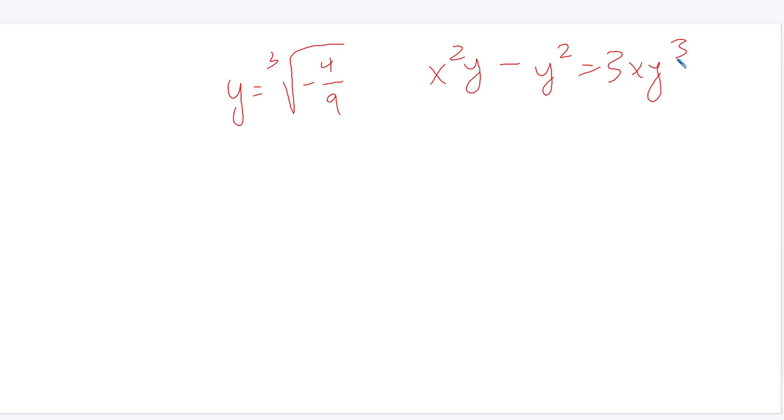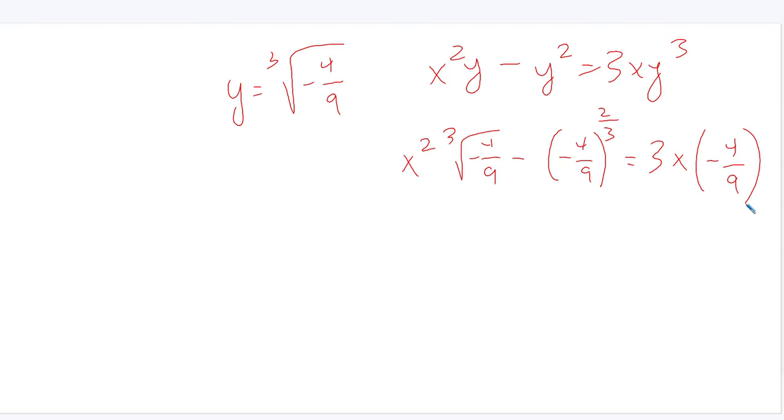We've got to confirm that it does give us some actual x values. We end up with x squared times the cube root of negative 4/9 minus negative 4/9 to the, well, we're going to cube root it and square it, so that'd be the 2/3 power, is equal to 3x times the cube root of negative 4/9 cubed, which would be negative 4/9.